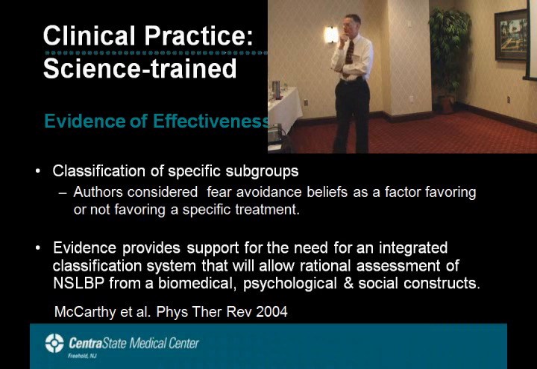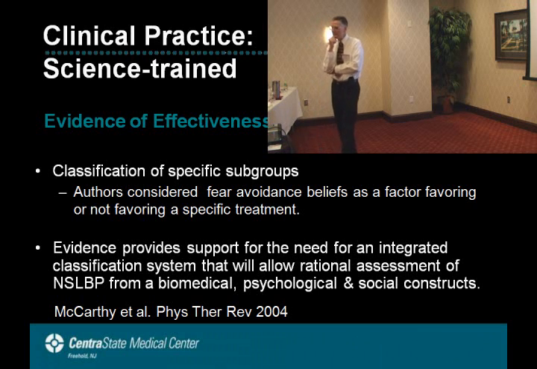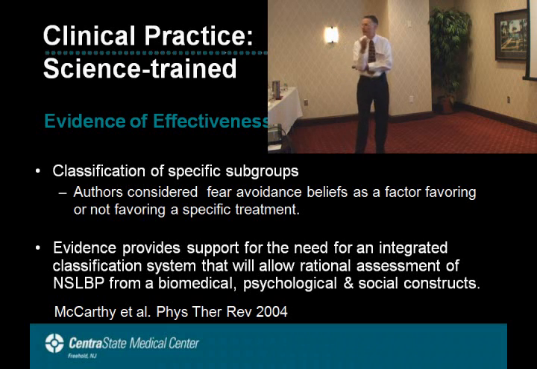One of them is fear avoidance. Well, I thought that was very curious and really very interesting, because other evidence from other professions and other organizations are telling us that we need an integrated classification system that will allow us to get a more rational assessment of non-specific lower back pain.